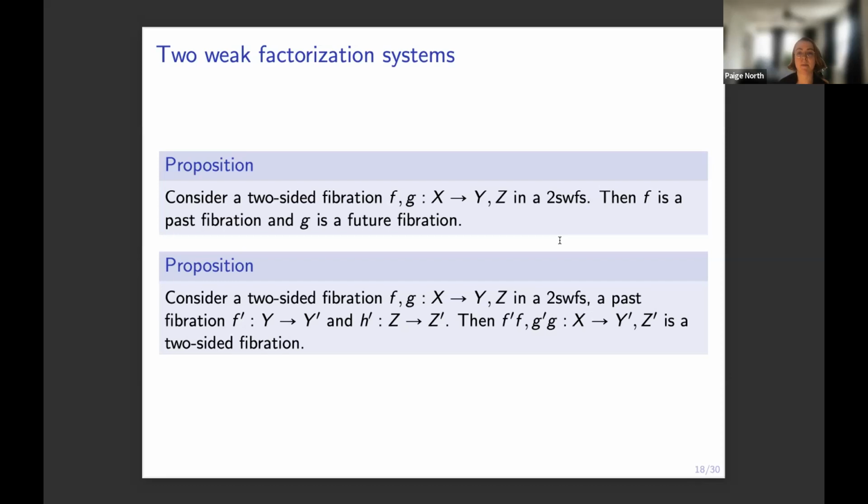And we can kind of put them together in a sense. If we start out with a two-sided fibration in a strong two-sided weak factorization system, then we can compose along past fibrations and future fibrations, and we still end up with a two-sided fibration. So fibrations in this strong two-sided weak factorization system are closed under composition in that sense.